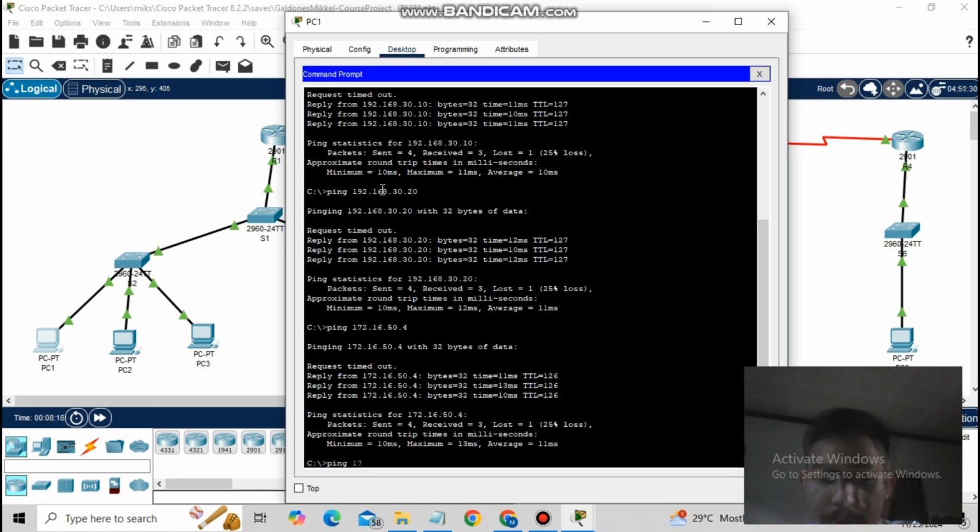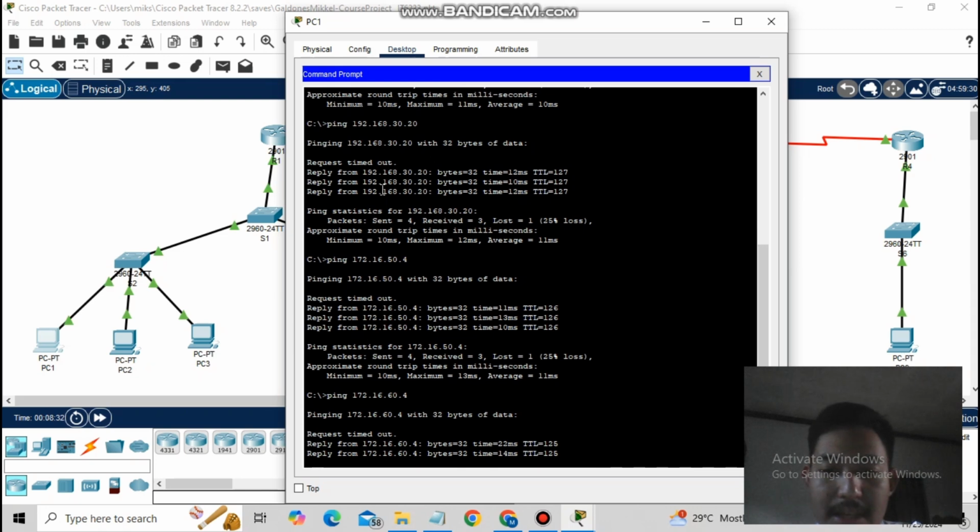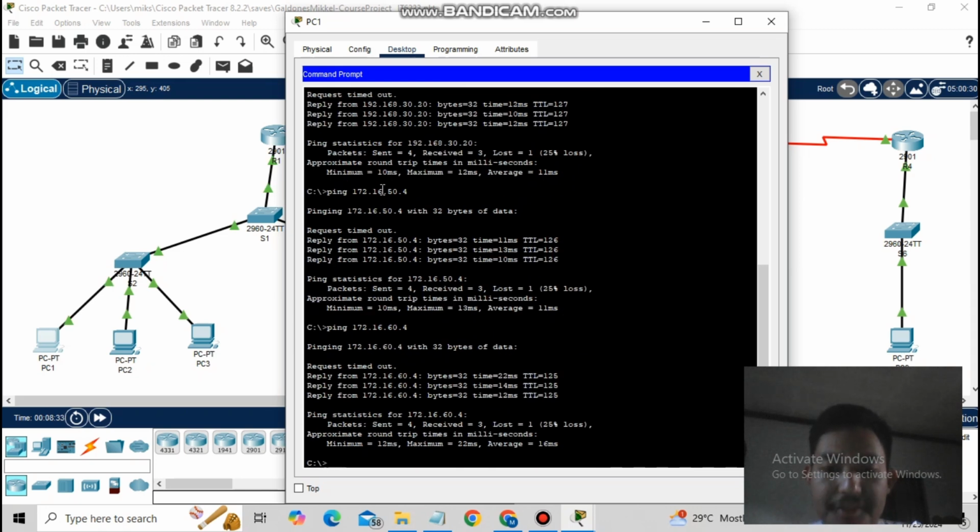So now let us ping PC number 8, the PC that is connected to our third router. So 172.16.16.4. And as we can see, it is a relative success as well. So finally, let us ping our furthermost PC, which is PC9, which is connected to router 4.